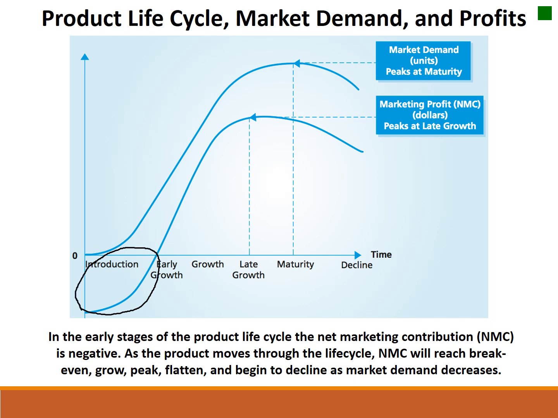We're also having to repay or recoup our expenses and sunk costs due to the research and development of the new product. As the product moves through the product life cycle, the net marketing contribution begins to grow, but then eventually flattens out as sales also flatten out.